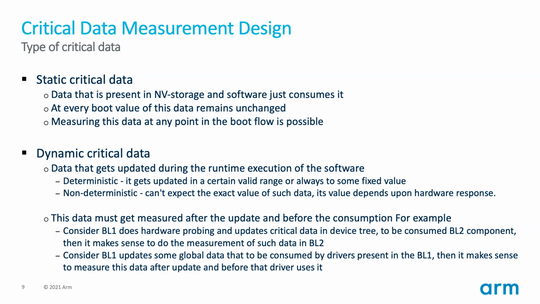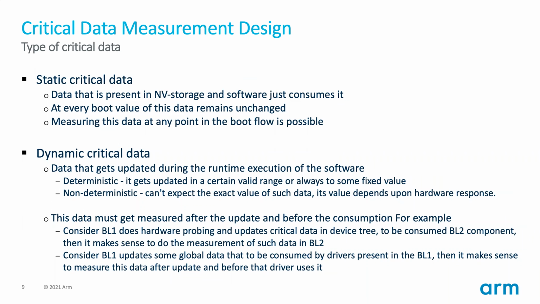So mainly what I want to mention here is, if particular data gets updated, say BL1 does the hardware probing and updates some critical data in the device tree that BL2 is going to consume, then it makes sense for BL2 to measure that data.